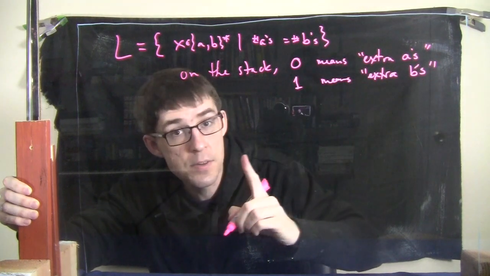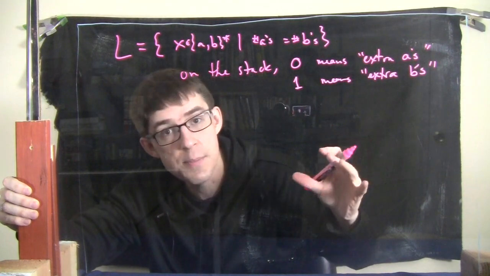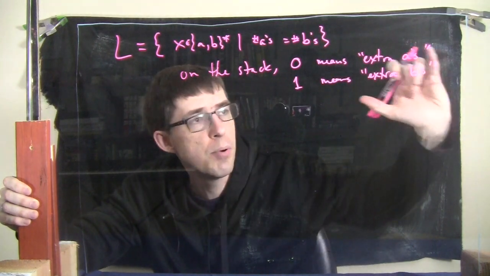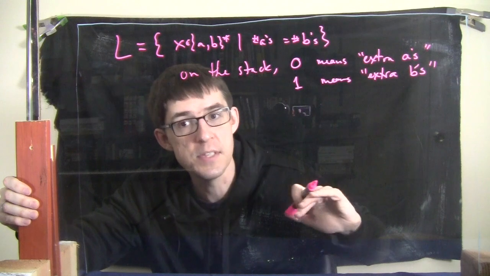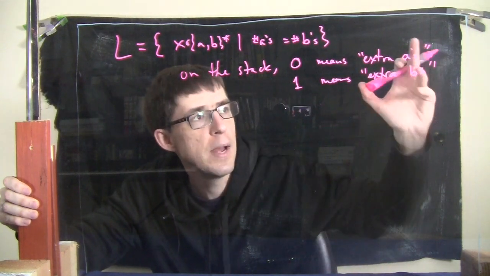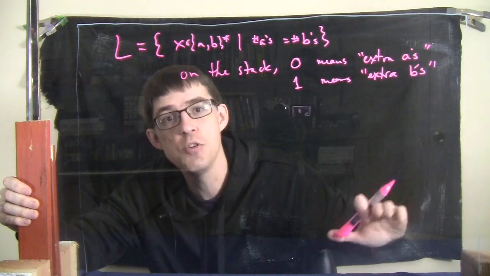As you're reading the string, you want the number of A's to be the same as the number of B's. If you find yourself having an extra A, you put a 0 on the stack. If you have the same number of A's and B's, then you should clear out the stack because there are no extra anythings. If you have extra B's, then you should put a 1 on the stack.